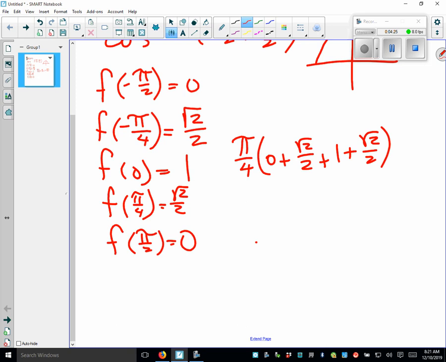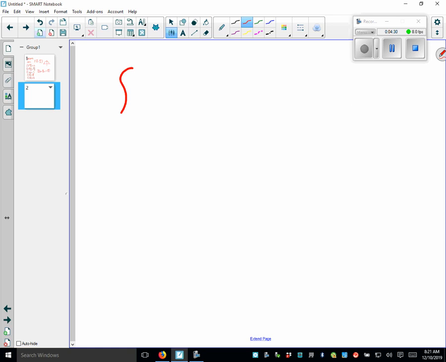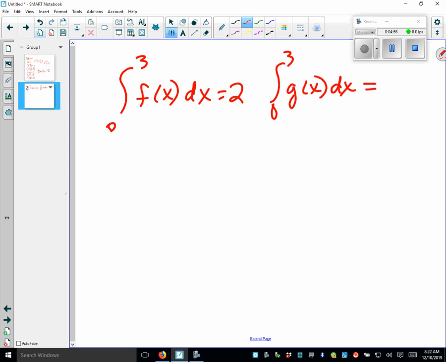When I talk about integrals, for instance, this integral. If I tell you that this integral is 2, and this integral is 5, could I find this one, 0 to 3, when I add them together?